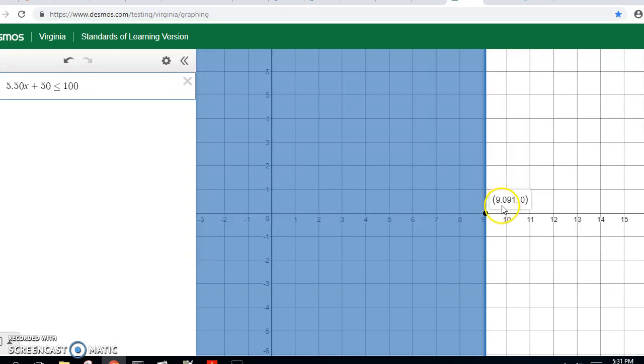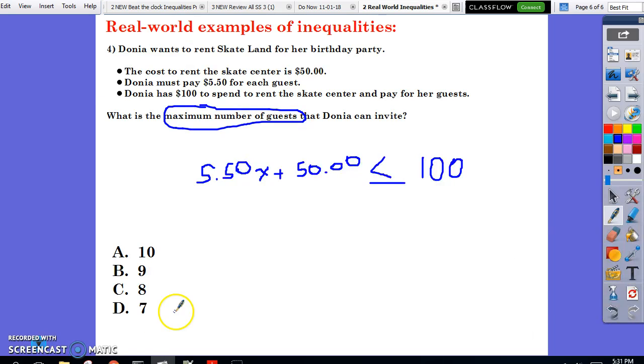I have 9.091. We cannot invite 0.091 of a guest, so I have to use the whole number 9. That's the maximum number of guests that Dania can invite. So our answer is B, 9 guests.